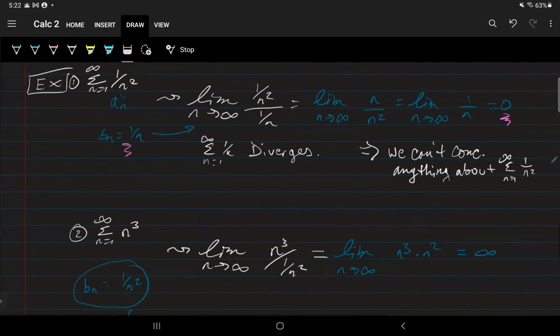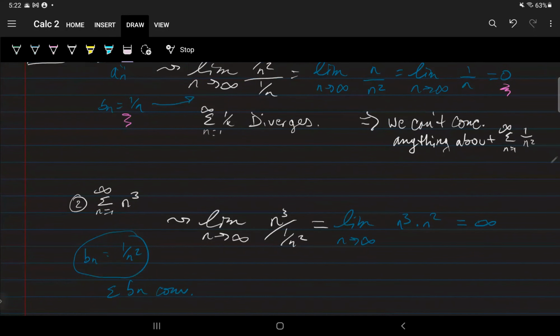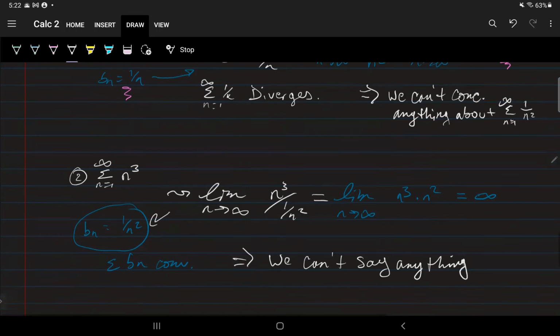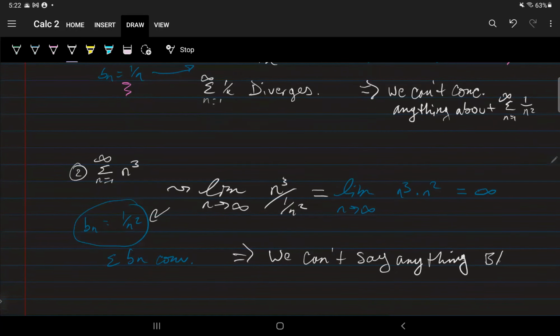But what we have for Bn is a sum that converges. It's the sum of 1 over n squared. So this test says that we can't say anything, because the sum of the Bn's converges.